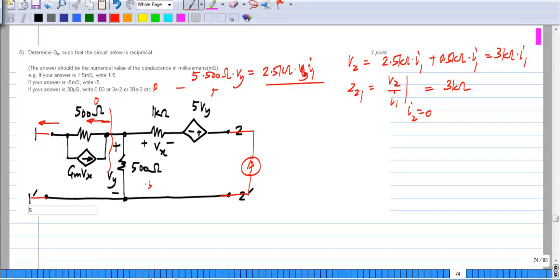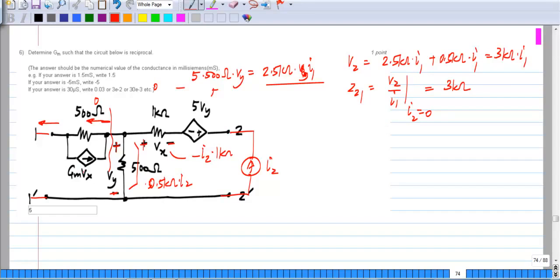Then this I2 flows into this resistor to give you 0.5 kilo ohm times I2 across it. Okay, and this Vx would be basically minus I2 times 1 kilo ohm because of the polarity.